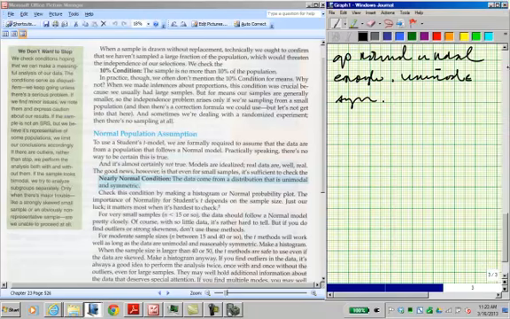And let me remind you what a normal probability plot is. Normal probability plot is very important and very useful. And what does it do? Okay, well, it takes the spread of the data.